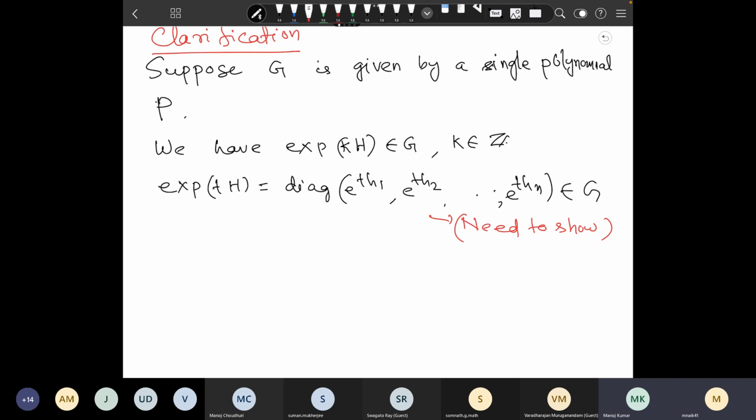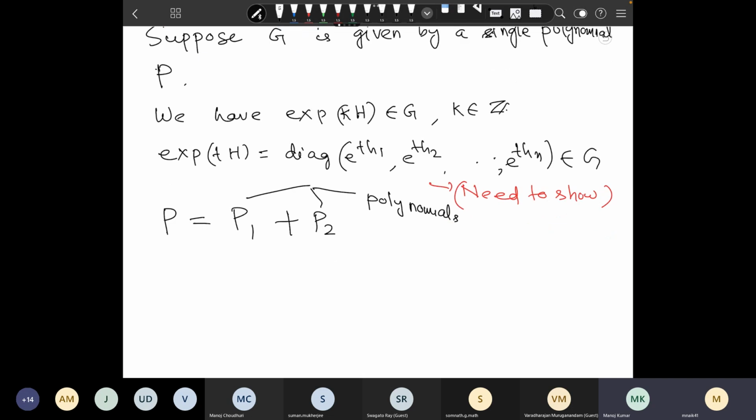So for that reason, first I will decompose this P. I would write P is equal to P1 plus P2, where P1 and P2 are polynomials. What is P2?